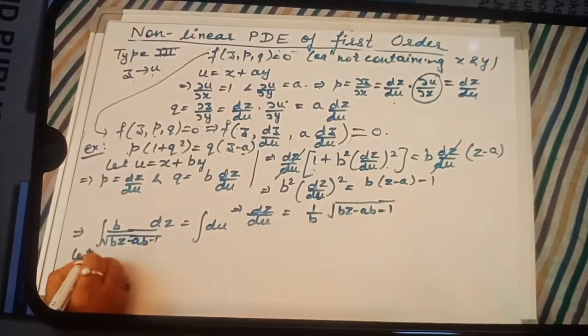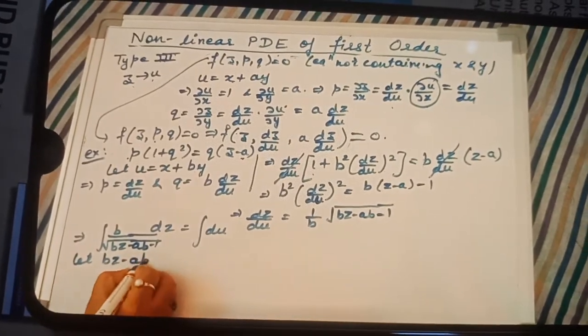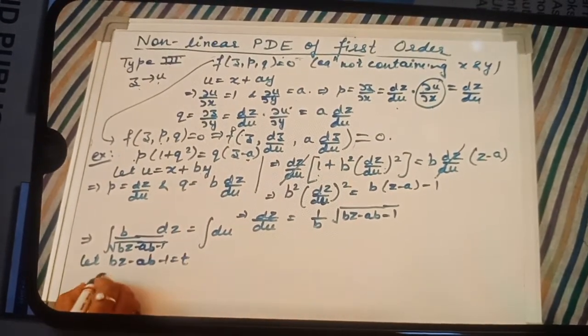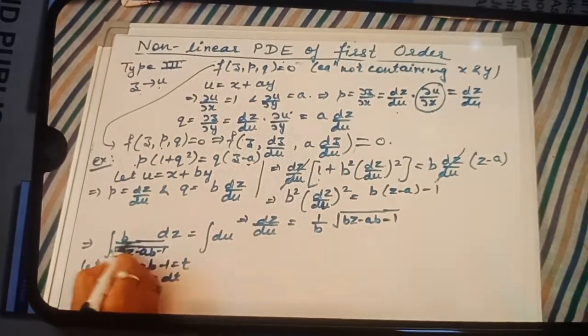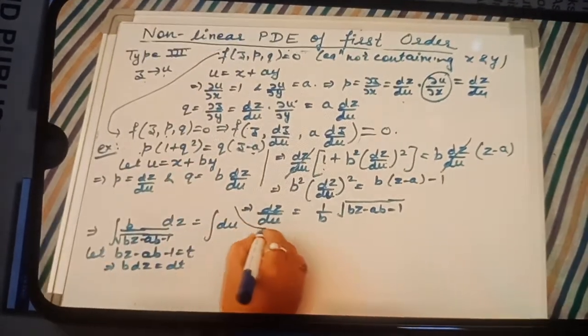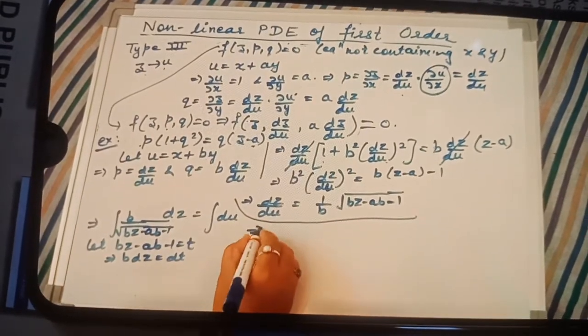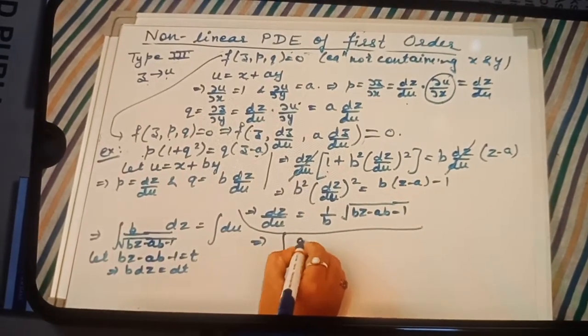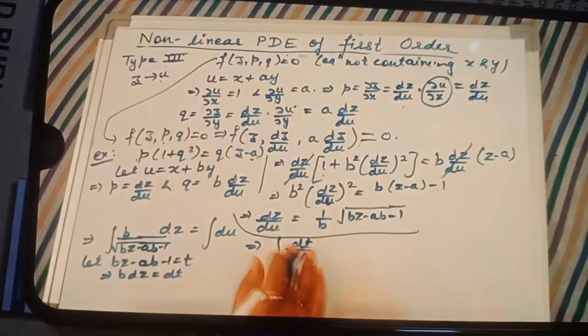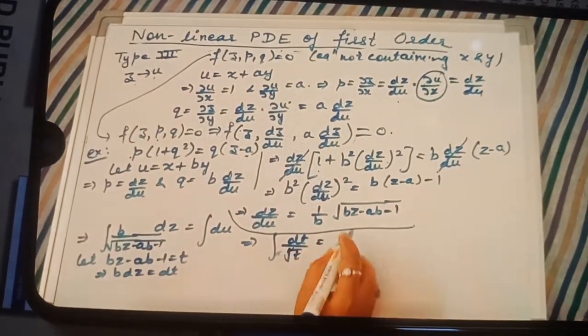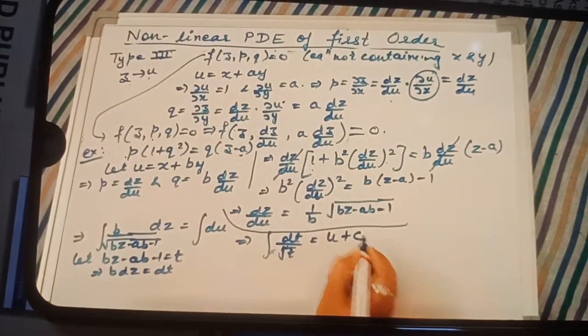Let bz minus ab minus 1 equal to t, then you get b dz equal to dt. So in place of b dz the value comes dt, and the integration becomes dt over root t equal to u plus the integrating constant c.